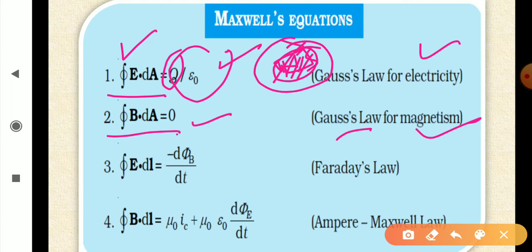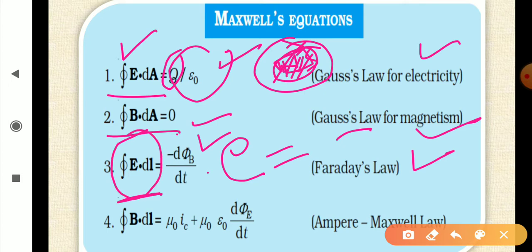Now let us come to Faraday's law. The Faraday's law in electricity you have done as induced EMF E is equal to minus d phi B by dt. d phi B by dt is the rate of change of magnetic flux, and this is the induced EMF.